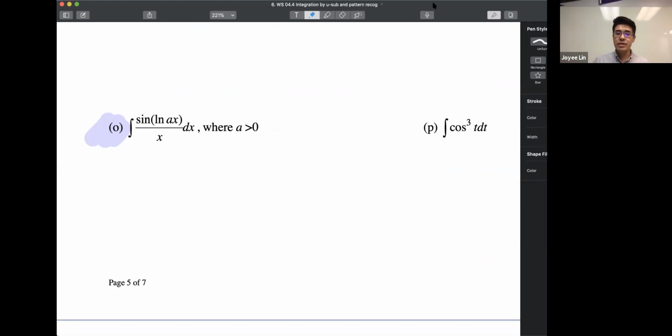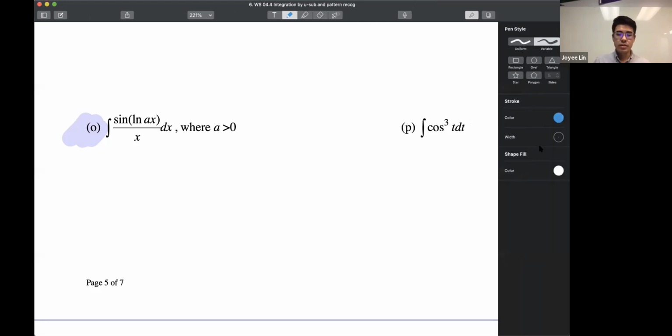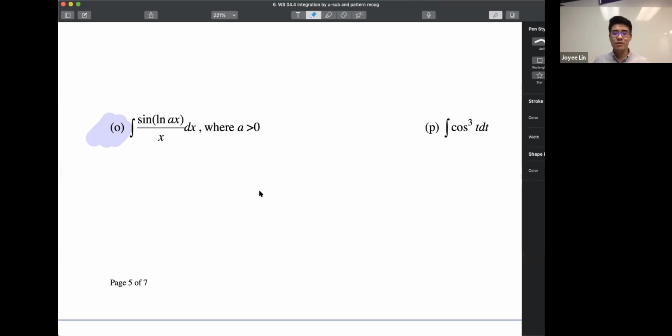What do y'all think I should let my u equal here? I have a vote for ln ax. 1 over x? No, we're gonna use the nested function, right? It's the one on the inside.